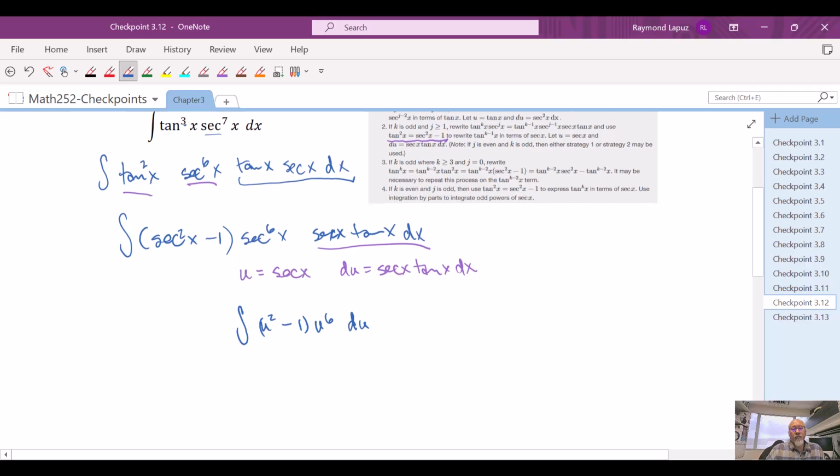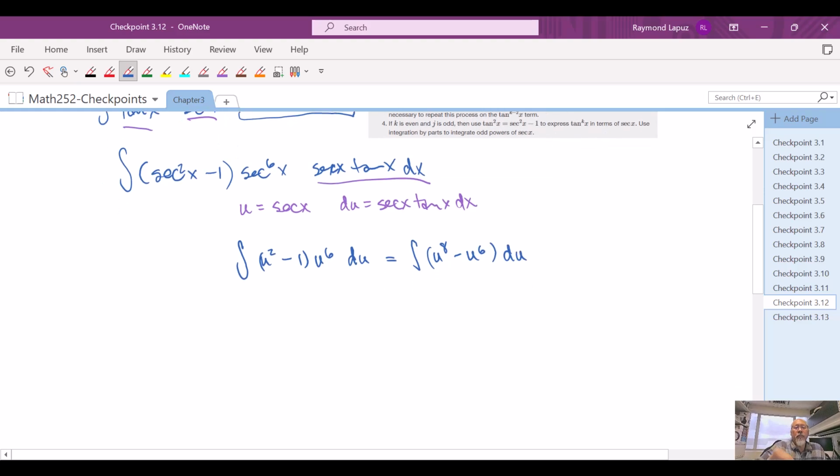All right, now we have a fairly easy polynomial integral. After we multiply things out, it'll make things even easier. So we have u to the 8th minus u to the 6th du. We'll go ahead and integrate that.